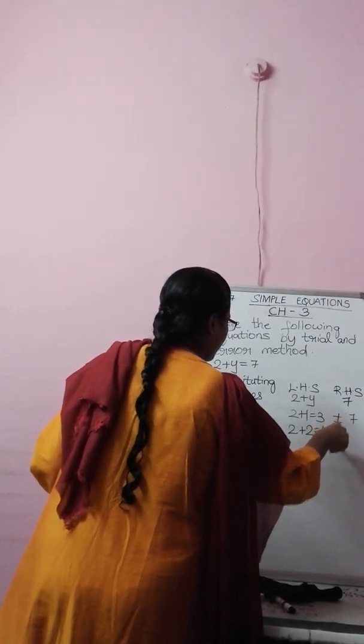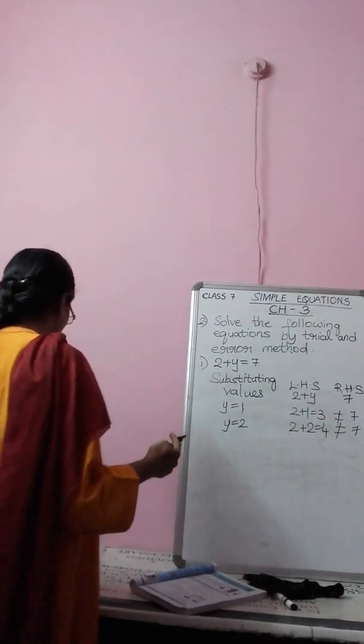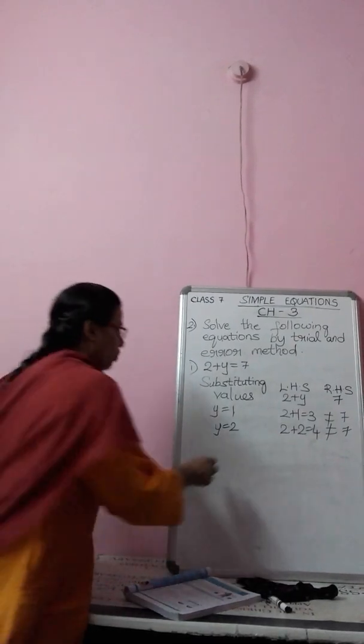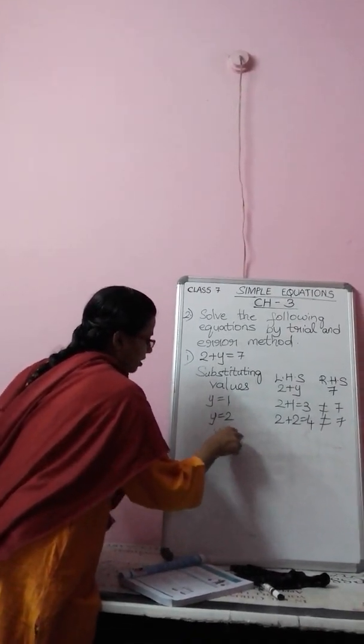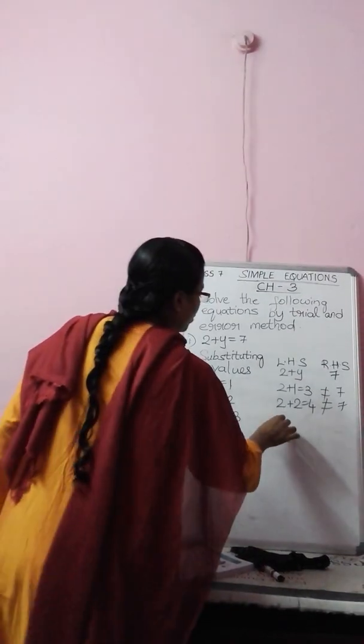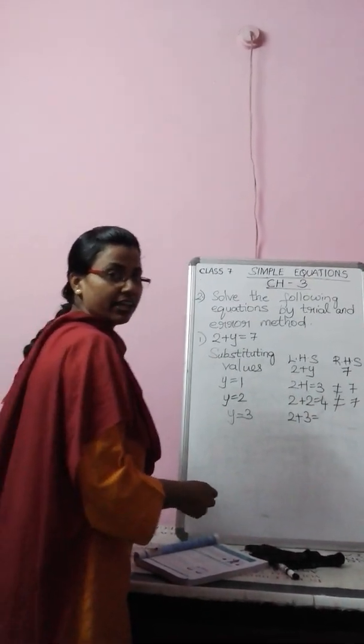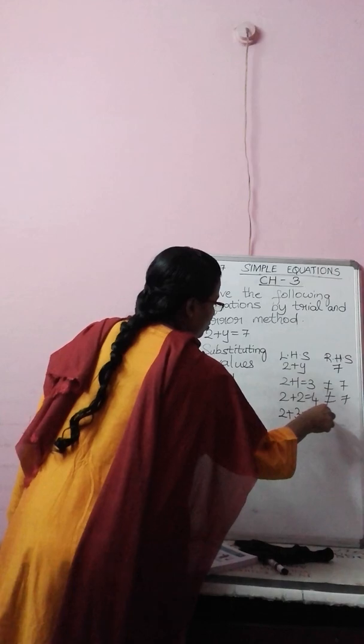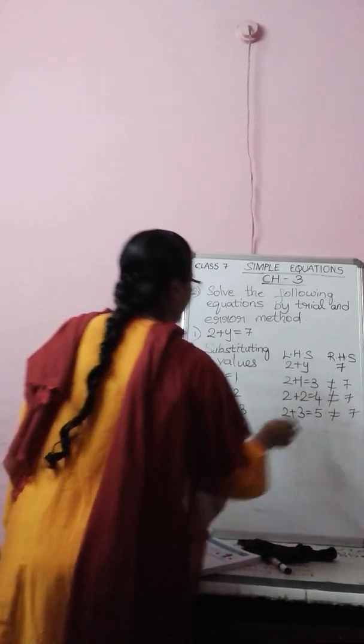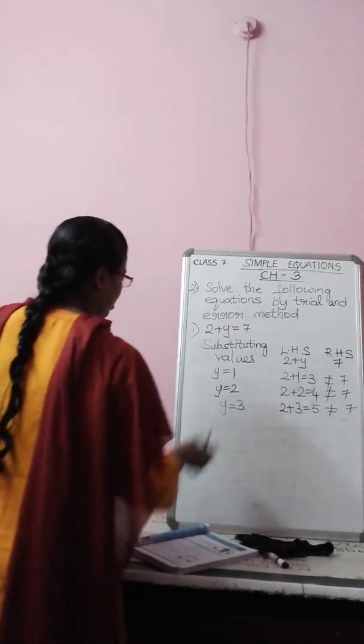Is it equal to 7? No. Next, let us take y is equal to 3. 2 plus 3 is how much? 5. So, this is not equal to 7. Here we have done 3 errors.